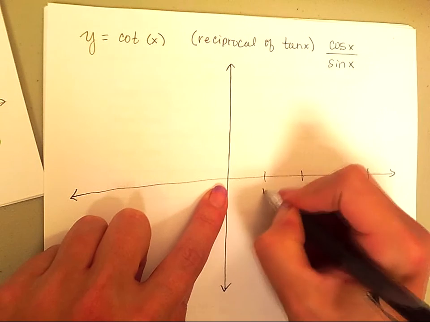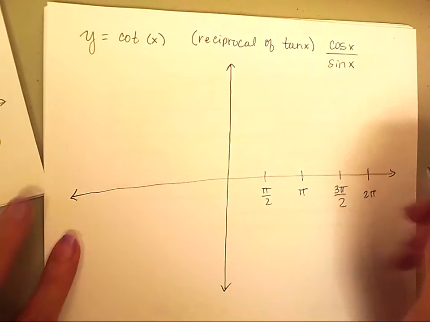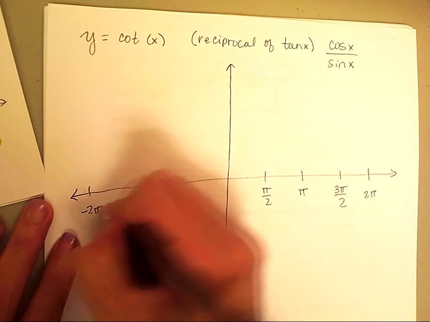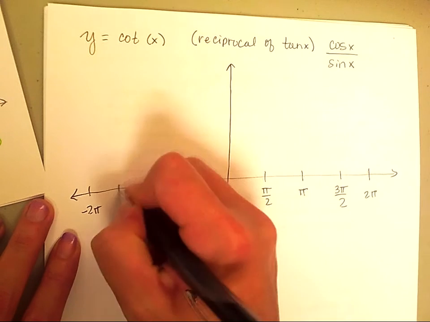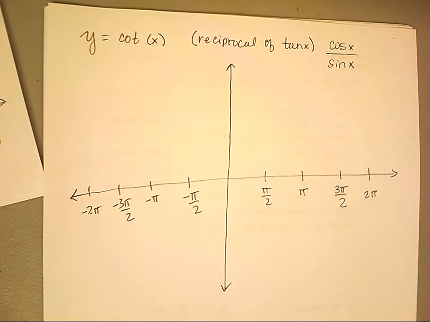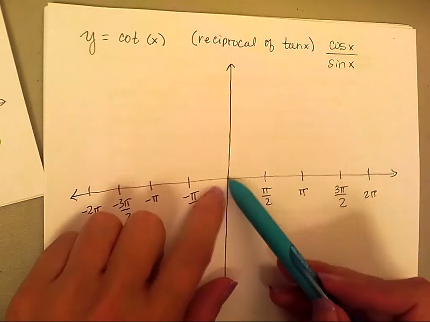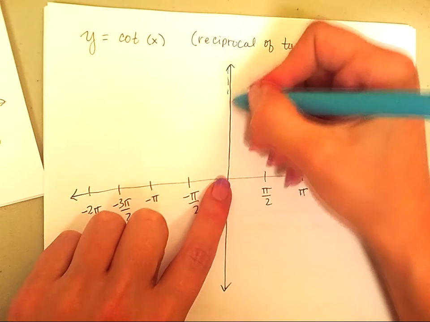here's 2 pi, here's pi, here's pi over 2, here's 3 pi over 2. Then we'll do it in the negative direction. So remember, if we were drawing the sine, it would start, middle, and end at 0.